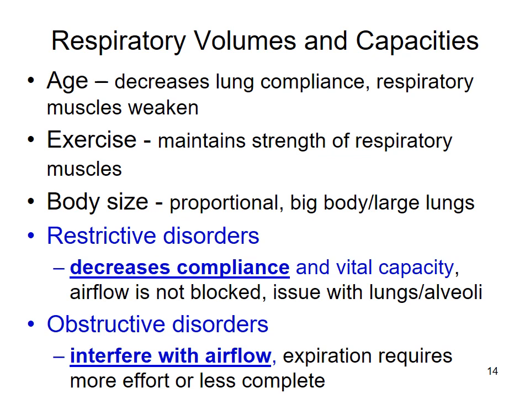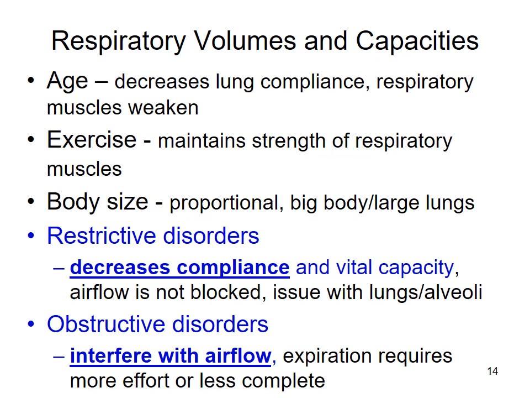We can also see that when it comes to lung disorders, oftentimes they like to be categorized either as a restrictive or an obstructive disorder. A restrictive disorder means that you usually have a decrease in compliance. And that usually means that the patient has no problem getting air into its body, so the airflow isn't blocked, so there's nothing wrong with the nasal cavity, the larynx, the pharynx, the trachea, the bronchial tree.